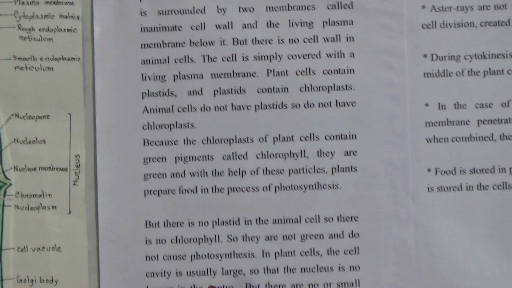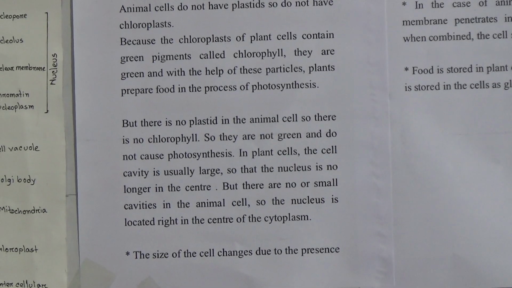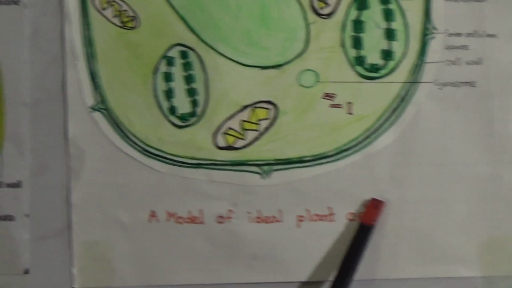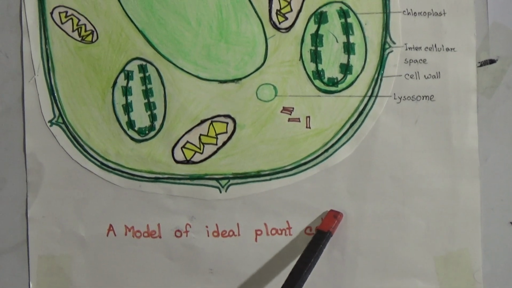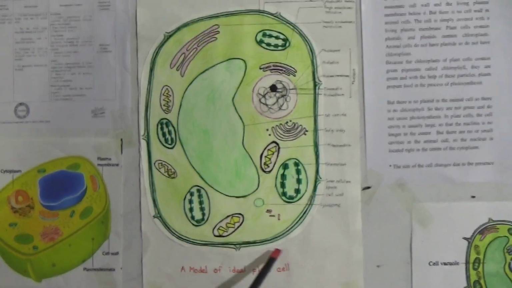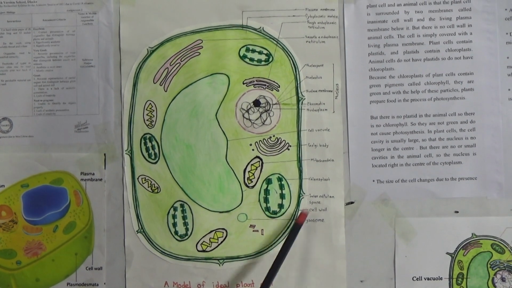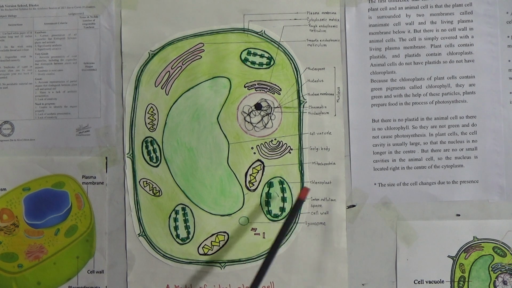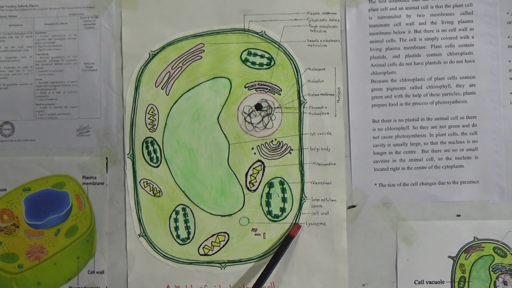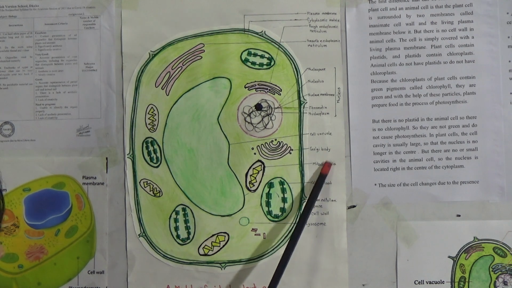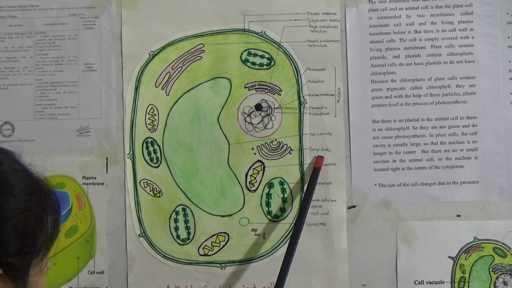You will write this part on A4 size paper. This part you will draw on hard paper or hard art paper, and you will color it. After coloring you will label it. After labeling you will stick thread. You can stick the thread which I showed here, or any available thread which you have at your home.